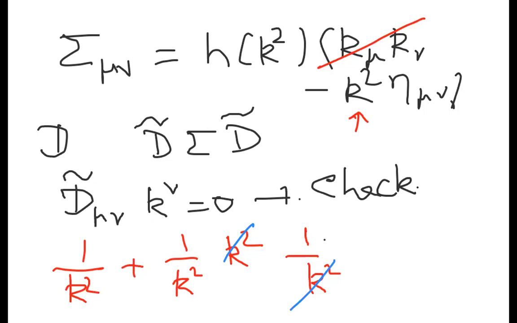Because the pole is always 1 over k square, after you sum them, the pole position doesn't shift.